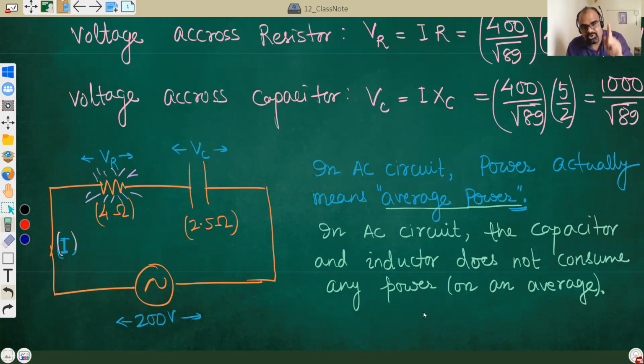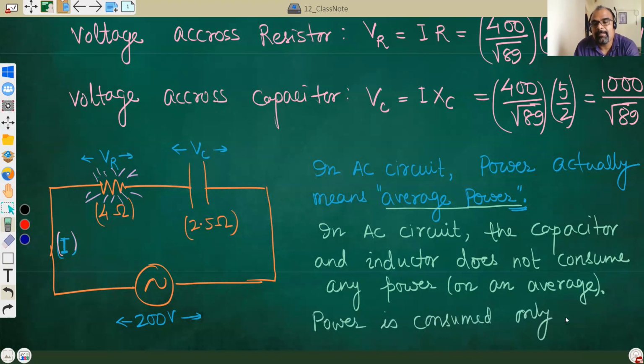Okay, you should know that in AC circuit, first of all, power always means average power. Second thing is that capacitor and inductor does not consume any power. So whatever is the power consumed, that is only in the resistor. Power is consumed only in the resistor.